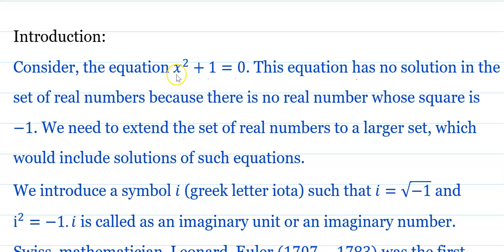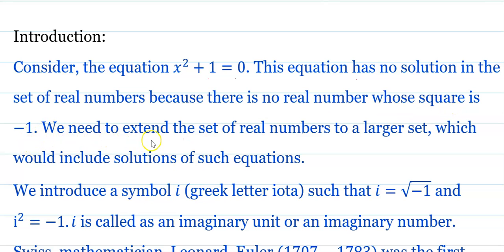If we take minus 1, its square is positive. Okay, if we take x is equal to 1, again its square is positive. Therefore, x square plus 1 has no solution for the real number whose square is minus 1.